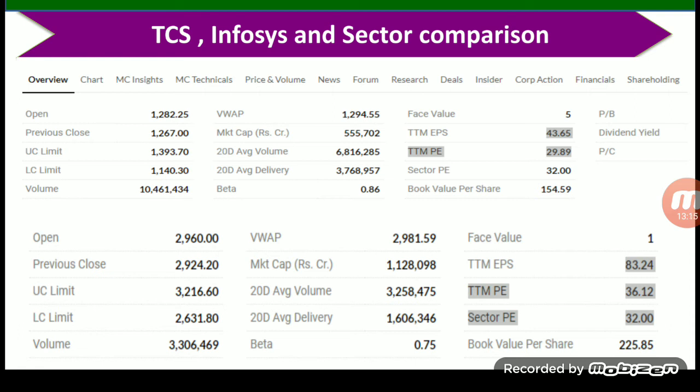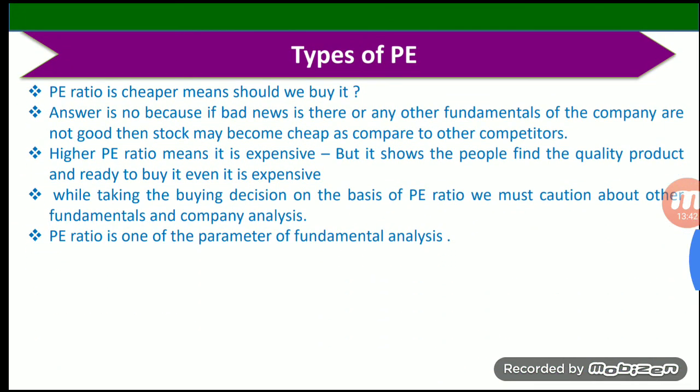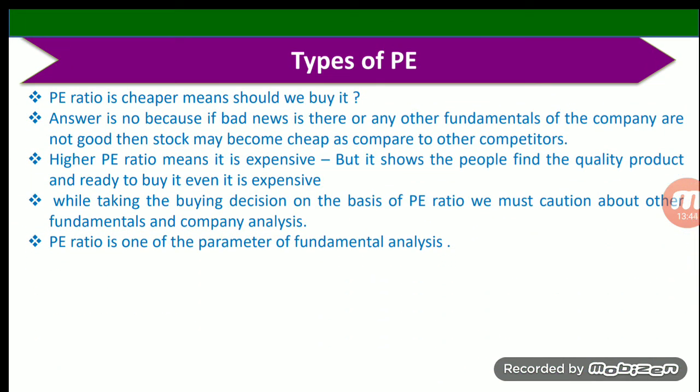So when you think of P ratio and comparison of P ratio, you should also check other fundamental parameters and the overall company analysis, and only then can you decide whether the stock is cheap or costly. If the P ratio is cheaper, should we buy it?